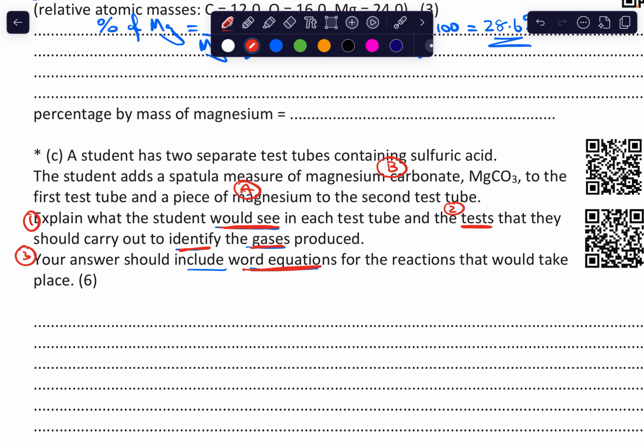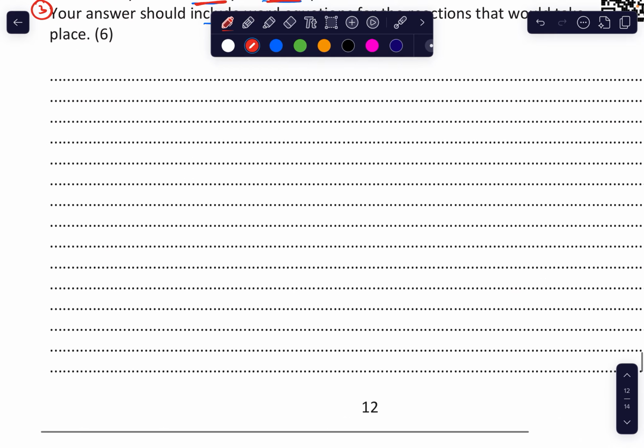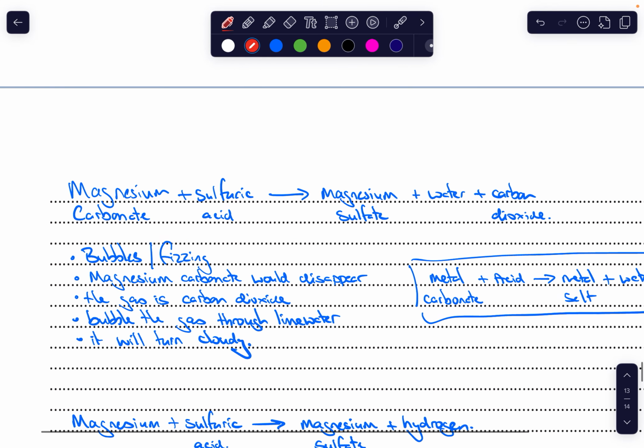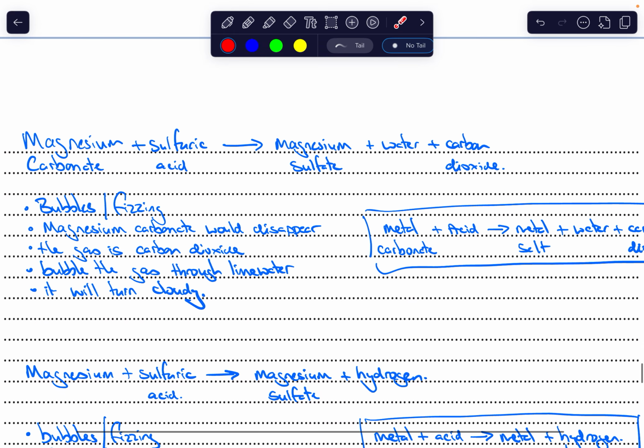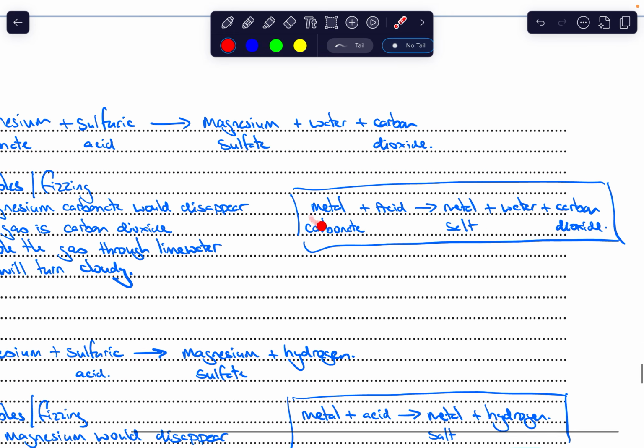So let's go through this as an answer. I've actually done the answer, so I can just talk through it. Sometimes it's easier than writing at the same time. First off, the knowledge I need is the general equation. If I take a metal carbonate and add it to an acid, I get a metal salt, I also produce water, and because it's a carbonate, I get carbon dioxide gas.